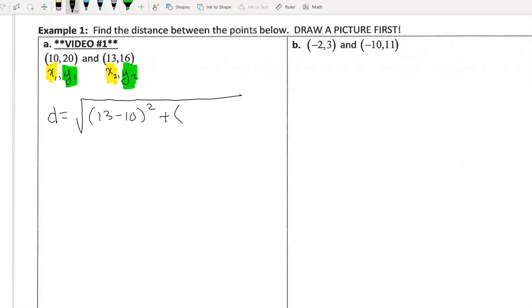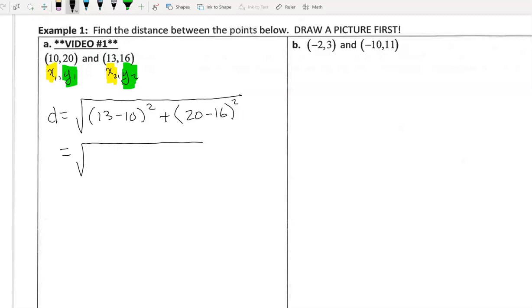Then I'm going to subtract my y values, the highlighted green, and I'm going to do y1 minus y2. Again, since I'm squaring it, 20 minus 16, there's my square. Even if this was a negative number, it's going to be positive anyway, so it doesn't really matter the order that I subtract those. So let's go ahead and do some simplifying.